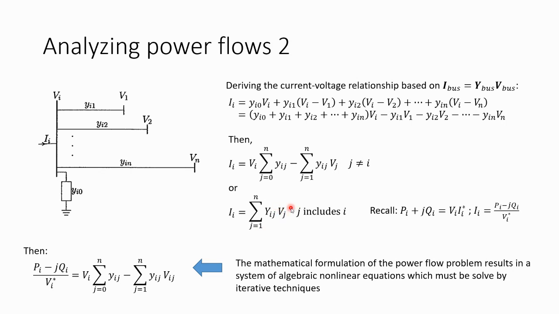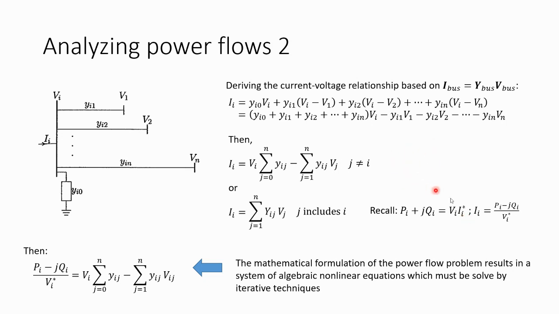And from your Circuit Analysis 1 again, you should remember that the complex power P plus jQ, as this one, is equal to Vi times Ii conjugate. Conjugate meaning you have to change the sign of your imaginary part from positive to negative or the other way around. In short, you toggle the sign of your imaginary number.